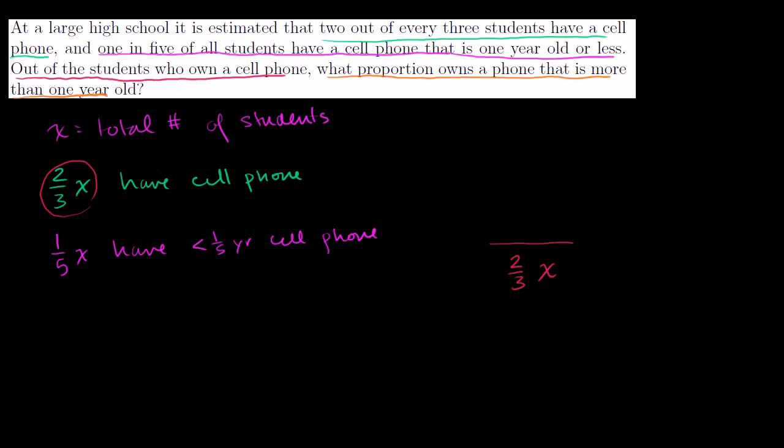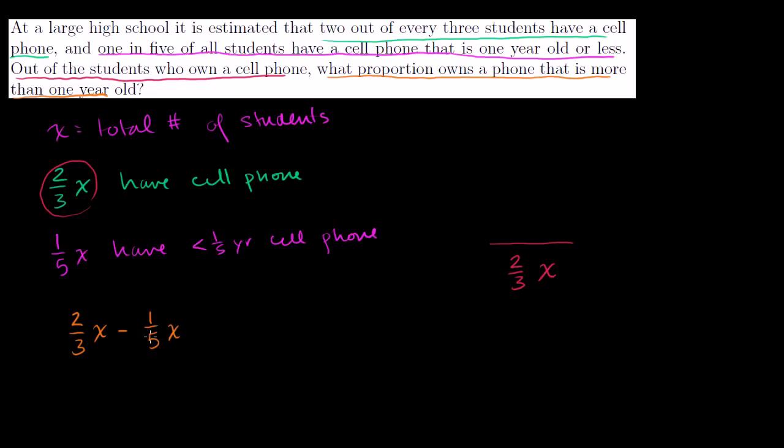Well, we could take the total number that have a cell phone, which is 2/3 x. 2/3 of all the students have a cell phone. We can subtract out all of the students who have a new cell phone, a cell phone that is less than 1 year old. Remember, they're saying more than 1 year here. So we want to subtract out all of the students with the new cell phone, minus 1/5 x.